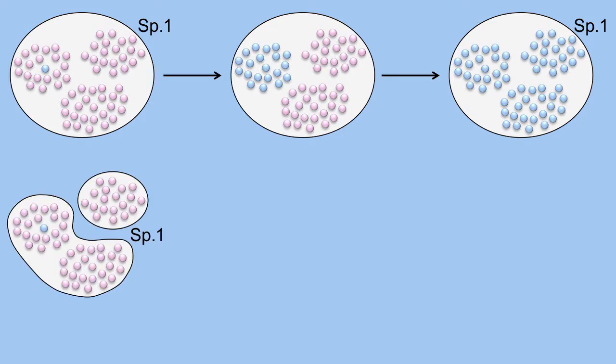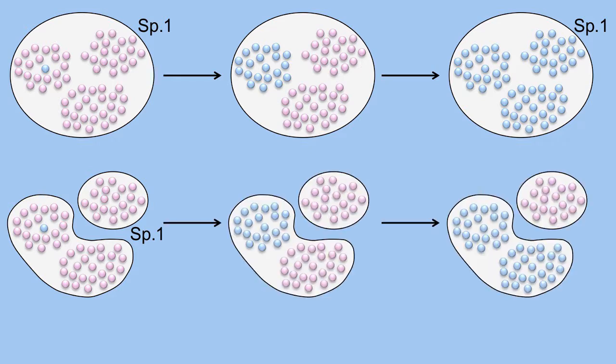Alternatively, it could be that the members of species 1 lived in 2 separate places and the 2 groups aren't in contact anymore. For example, a large population on the main continent and a small population on an island. So then the blue allele spreads to all individuals on the mainland, but not those on the island.